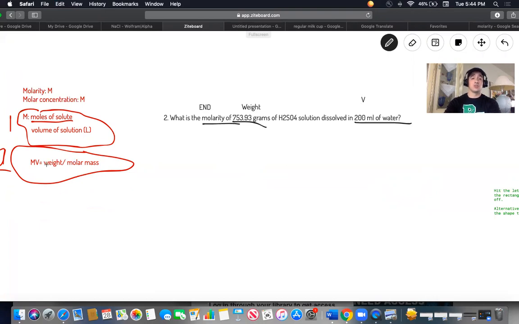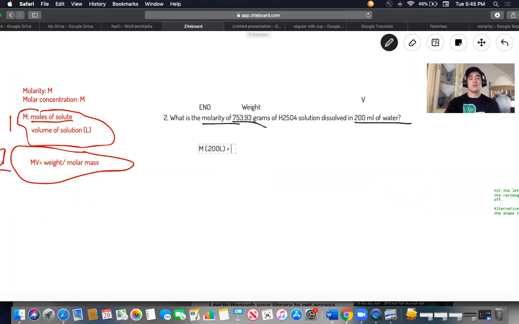We're going to use equation 2 again for this one because we're solving for molarity. So let's plug it in. M times V. To get this in liters, we have to move the decimal to the left 1, 2, 3 times. So that's going to be 0.200 liters for the volume.